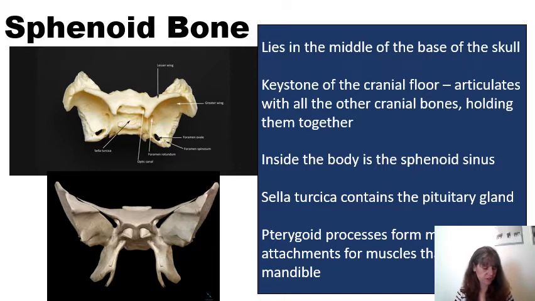There are other structures that are associated with the sphenoid bone, including 3 holes or foramina.